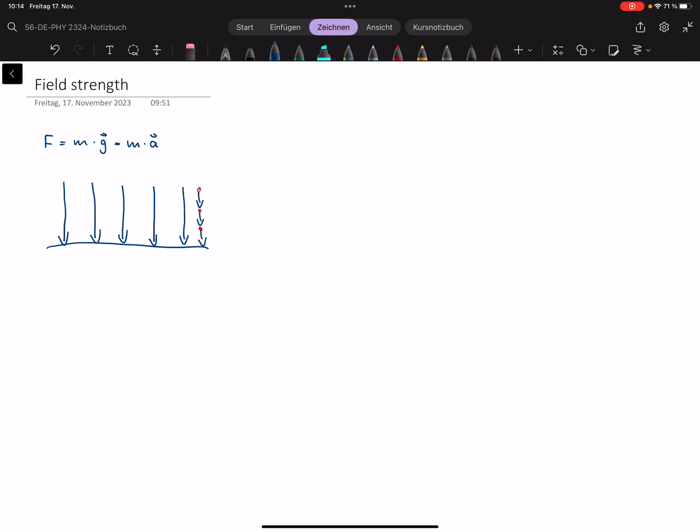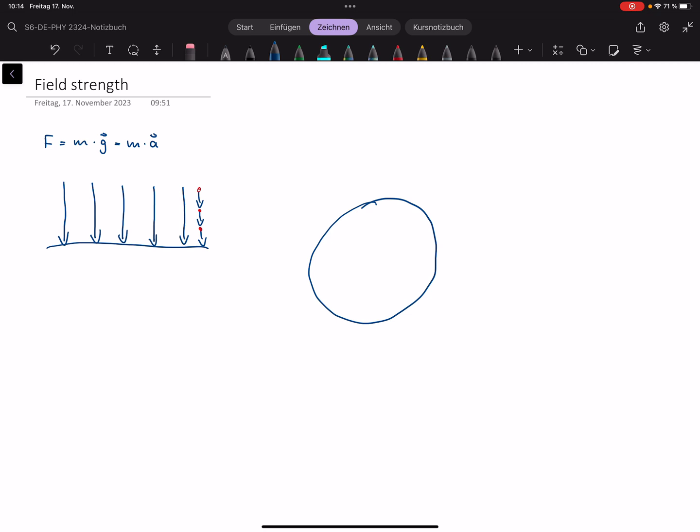So what is new now, and that's what we've learned in the radial symmetrical field or radial field.